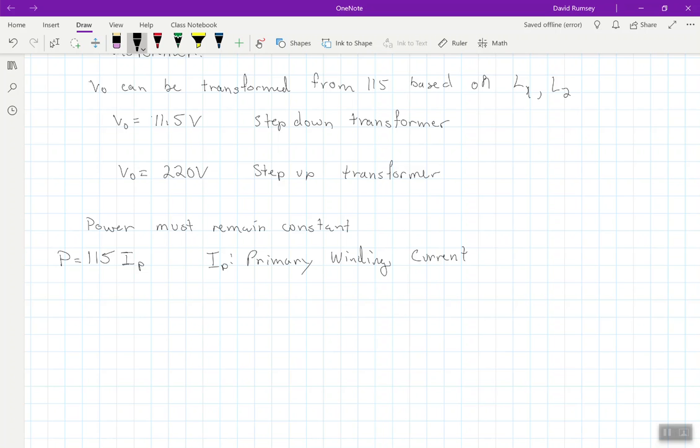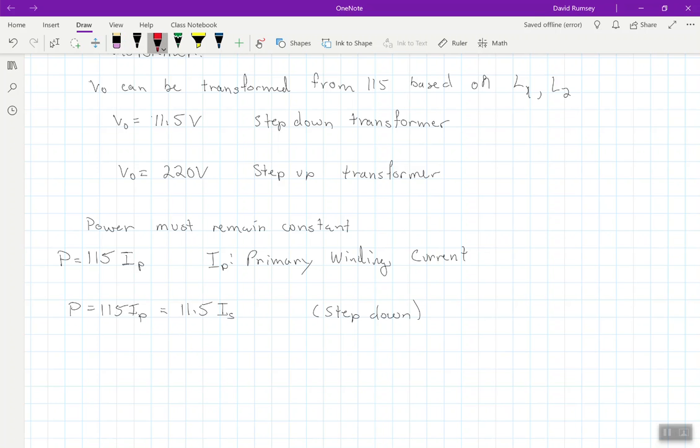But then on the secondary side, my power still has to be 115 IP, but that's going to have to be equal to 11.5 times the current on the secondary side. This would be for a step down.